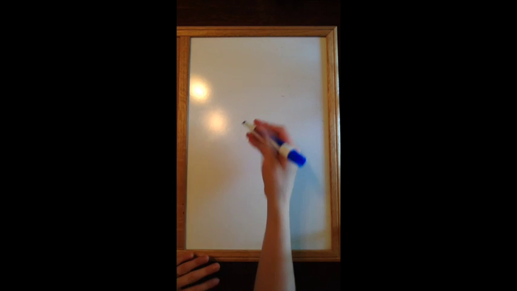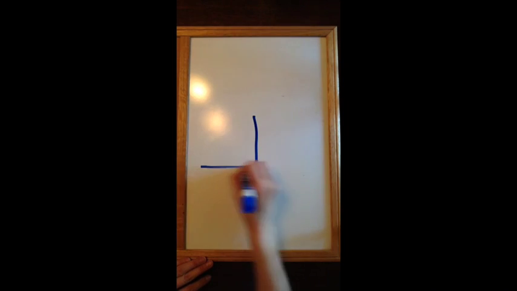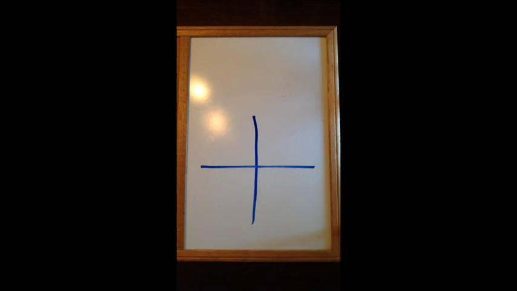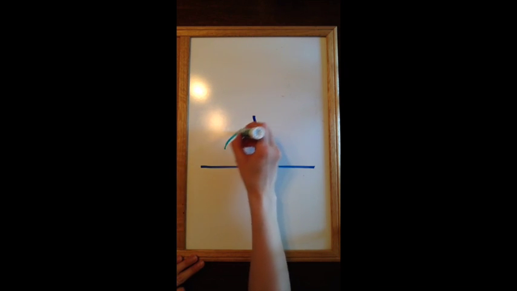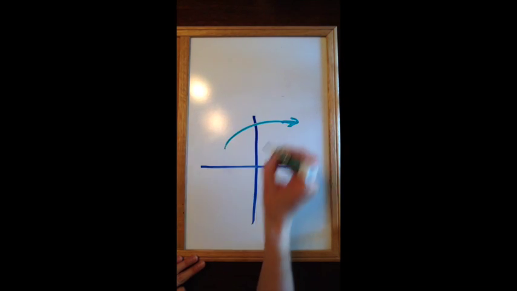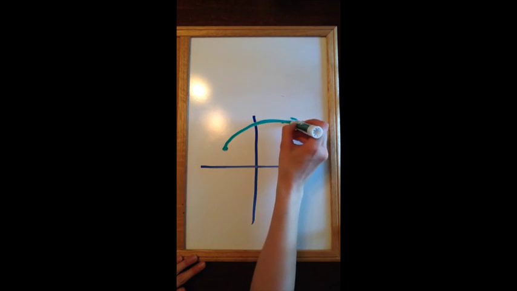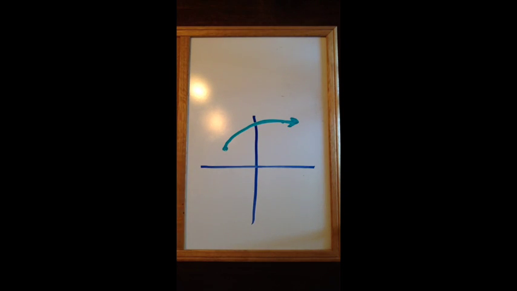So if I have a graph here, let's say a square root graph, your square root graphs look along the lines of that: they start at a point and shoot over, and then continually go up.